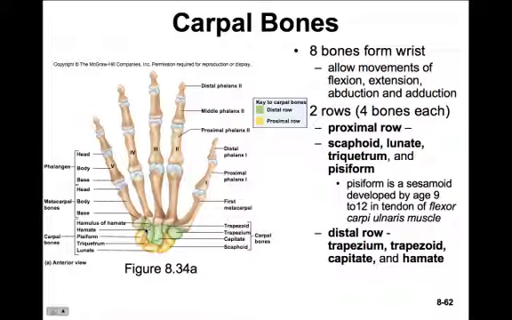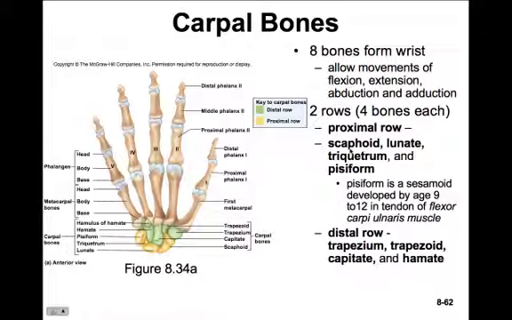You can almost palpate these bones in your wrist, but not quite. Now, there's a mnemonic for remembering these. The mnemonic goes like this, starting in the proximal row from thumb side to pinky side, and then the distal row, thumb side to pinky side.